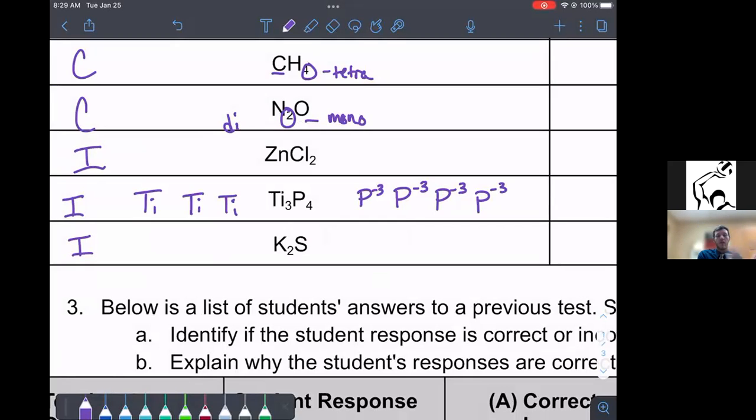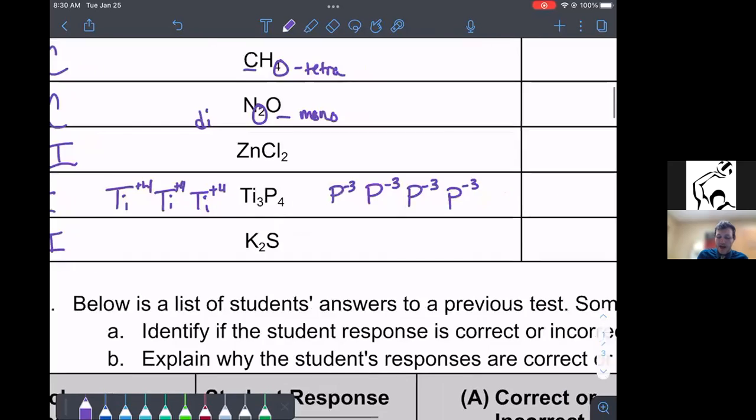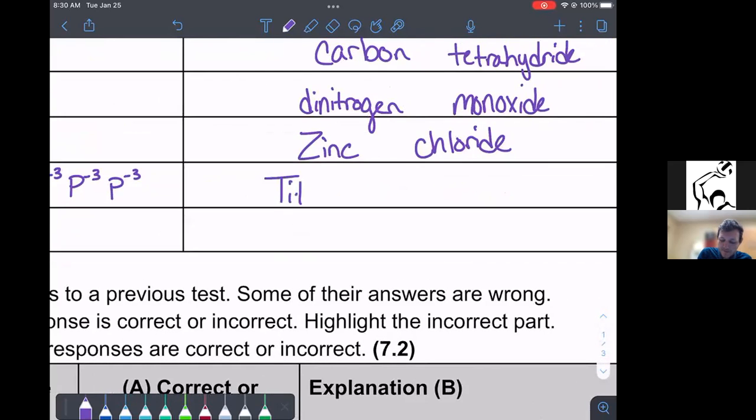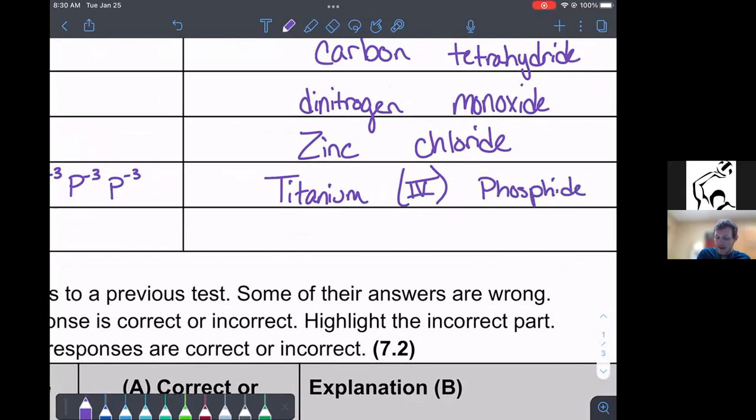And so we know our left side, our positives, need to add up to 12, and that'll have to be the same number. So if we have 3 of them, they each have to be a +4, which means we have titanium. I could spell titanium, and it's got 4, so we got to put our Roman numeral. And then we have phosphide, because we changed that ending.